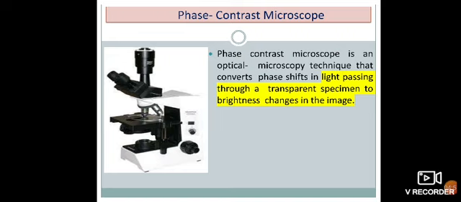This phase contrast microscope is an optical microscope technique that converts the phase shift in light passing through a transparent specimen into brightness changes in the image.